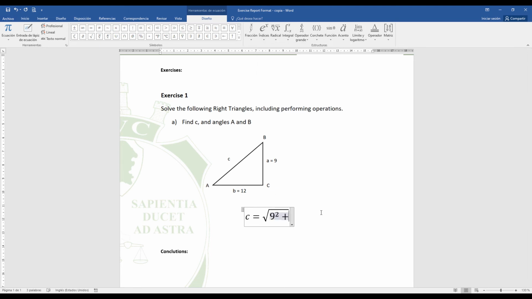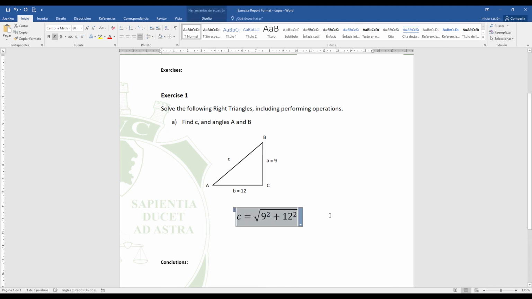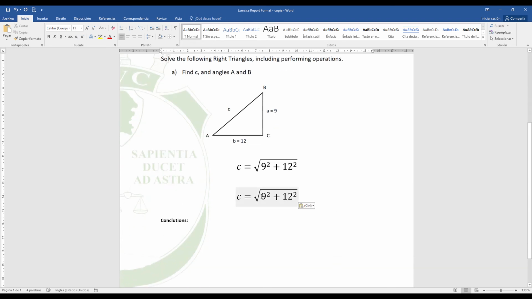plus, remember, you are calculating a hypotenuse. If you are calculating the perpendicular side or the base, you need to subtract. Okay, and now 12 squared.